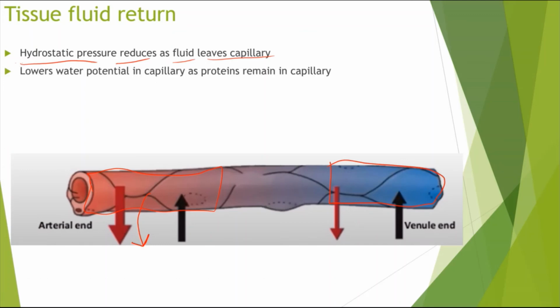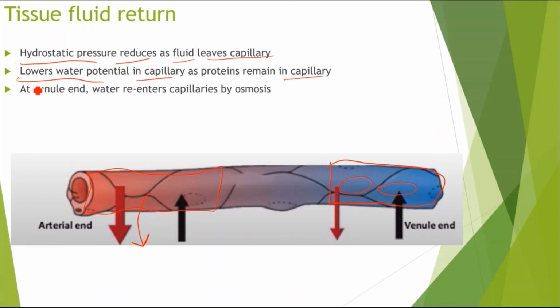And there would be a lower water potential in the capillary, as the proteins that we originally had, which were not able to move out of the capillary, remain in the capillary. So we have the big proteins still in the capillary, which are unable to move out. So they cause the water potential to lower.